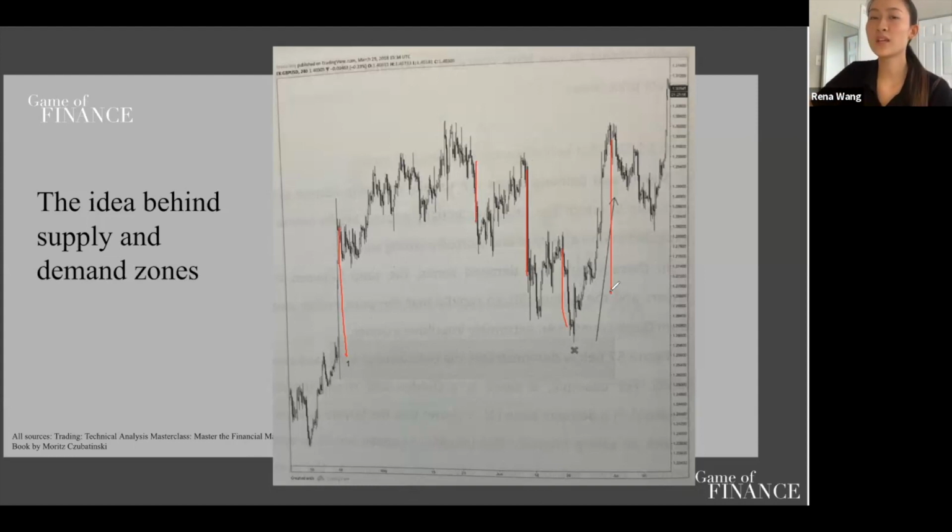This image demonstrates the behavior of supply and demand zones very nicely. For example, if there is a sudden strong upward breakout in zone 1, right here, there is an explosive breakout in the demand zone.